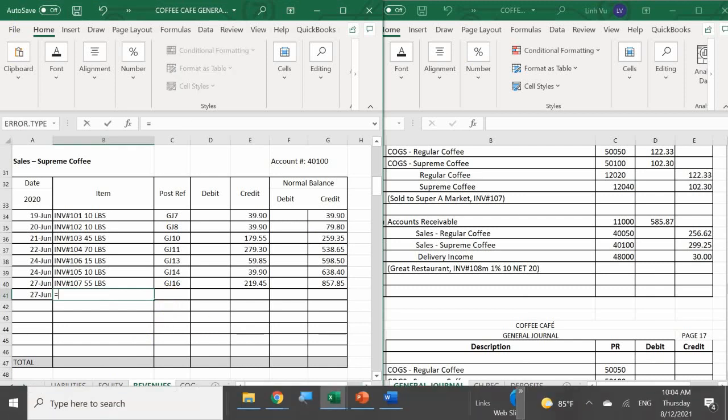General Journal 16. And this time we sold it for a total of $299.25. Okay. Which then brings my account balance to be $1,157.10.